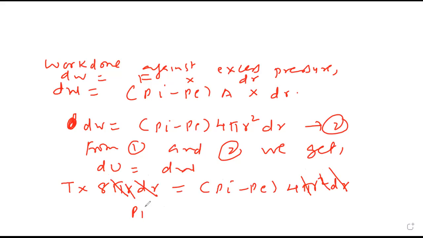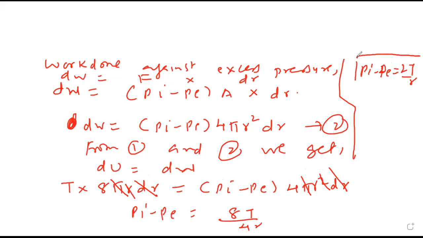So we get P internal minus P external equals 8T upon 4R. That is, P internal minus P external will be 2T by R. This is called Laplace formula. So excess pressure inside drop is 2T by R.